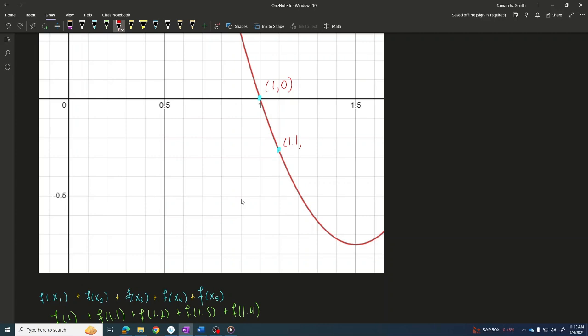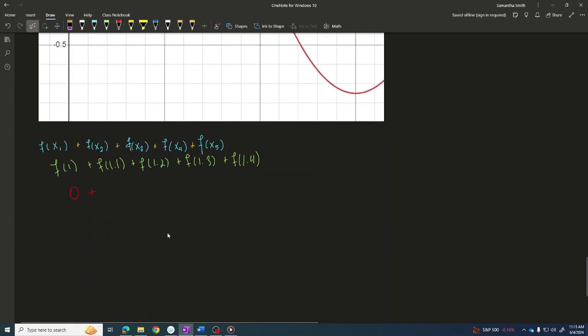So I'm going to give a pretty rough estimate that this might be like negative 0.27 or some such, located between negative 0.2 and negative 0.3 in terms of the height. That height of that point is going to correspond to the output of this function at an input of 1.1.